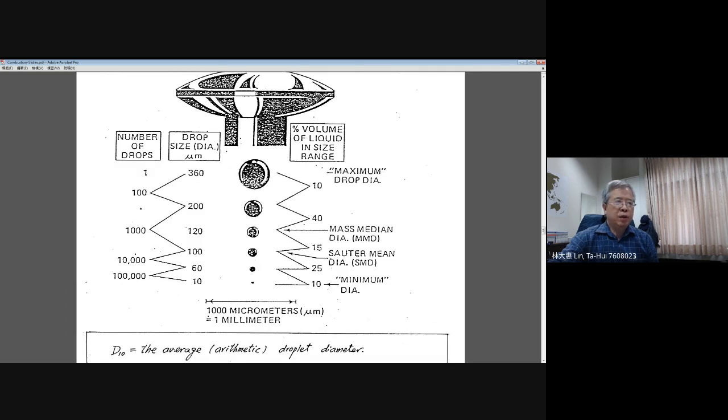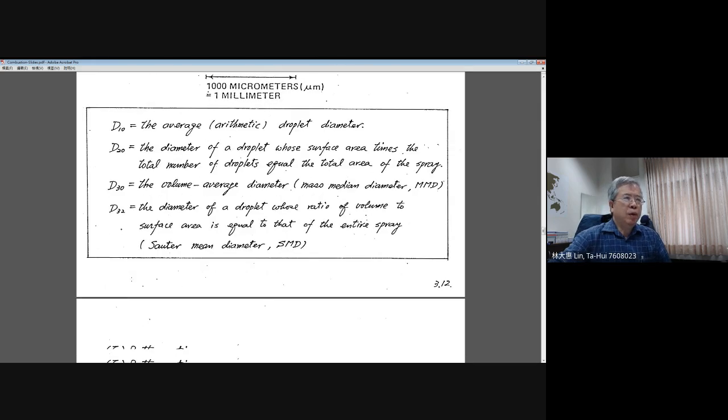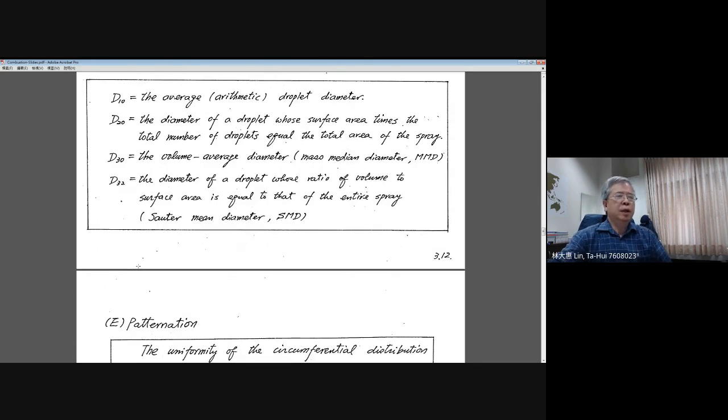For the combustion process, as I mentioned again, we use D32 as the average value to identify the droplet size in different positions of the spray field. Droplet size is one of the important characteristics to be shown for the spray.